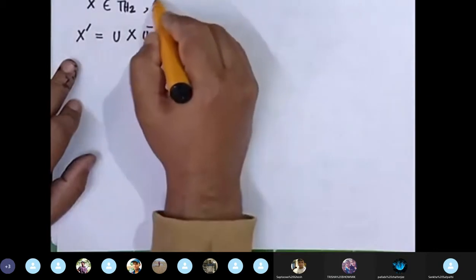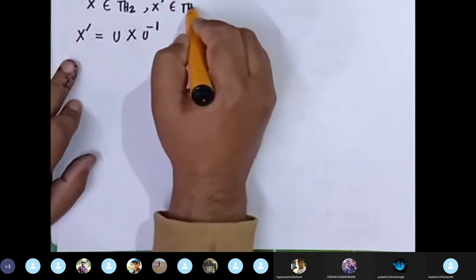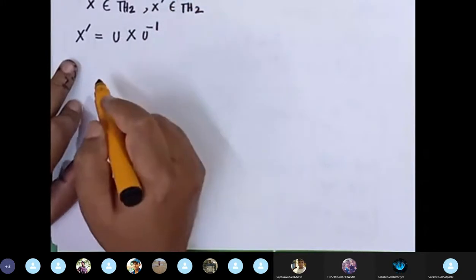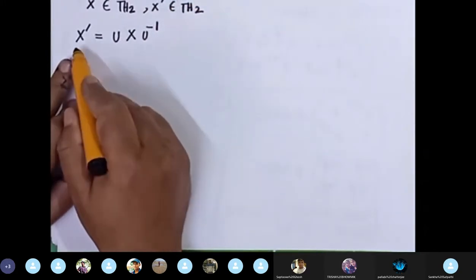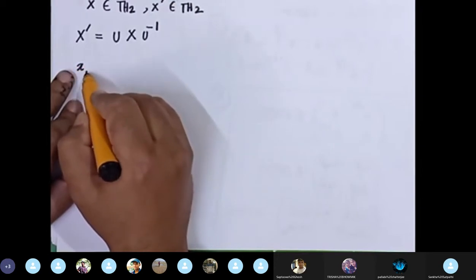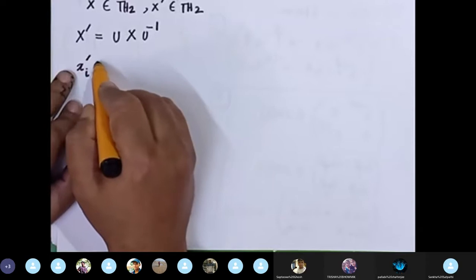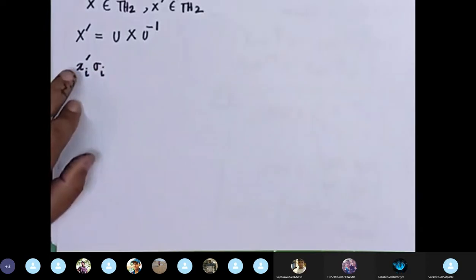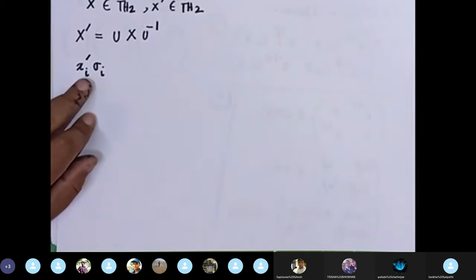Now X prime also belongs to this traceless Hermitian matrix space. That means X prime you can write as the sum over i of X_i prime sigma_i. That is the rule. In this matrix you can write in terms of this, where there is a sum over i.